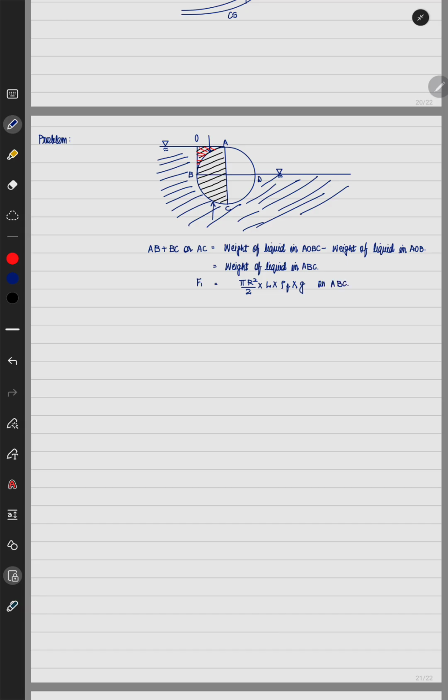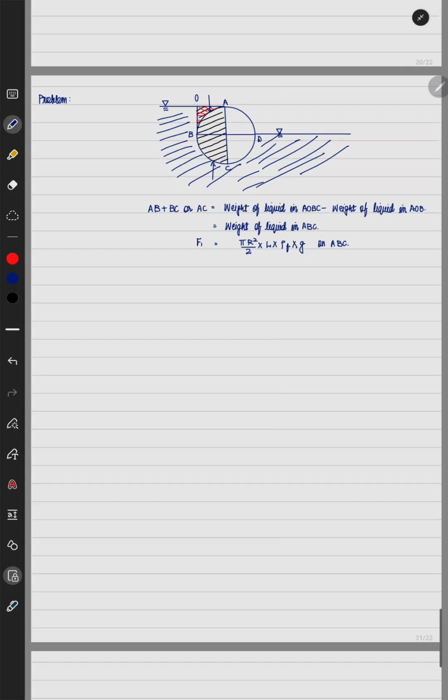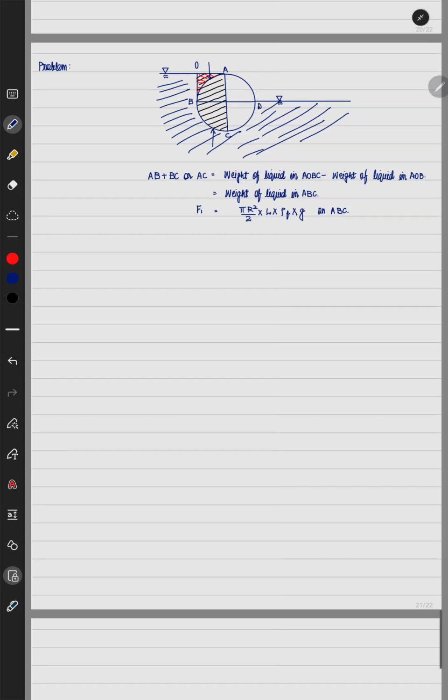This is F1. But we have to find what is the force acting on CD as well. So suppose F2 is the force which is acting on CD. Force acting on CD is equal to the weight of the liquid given in red color.